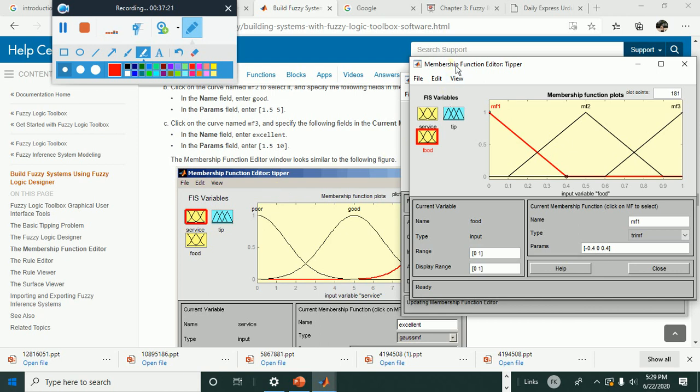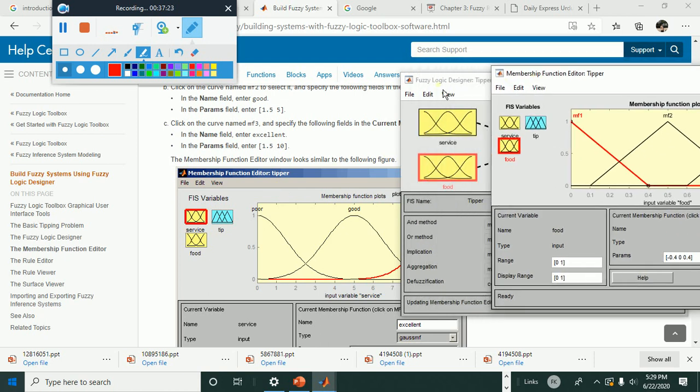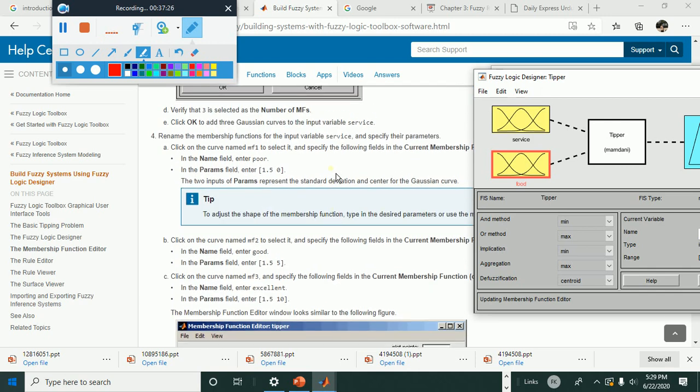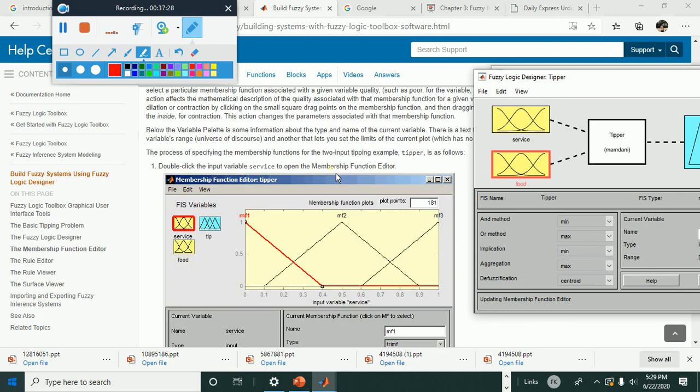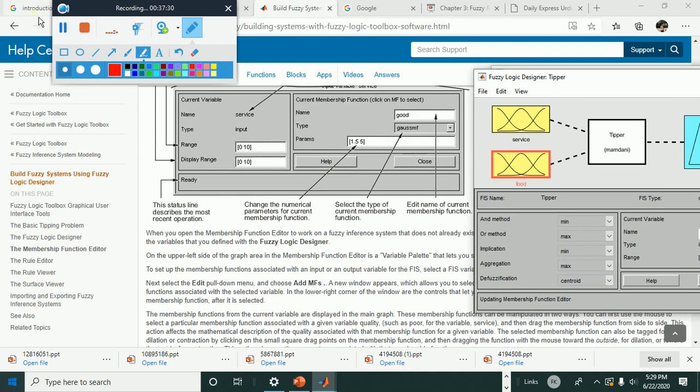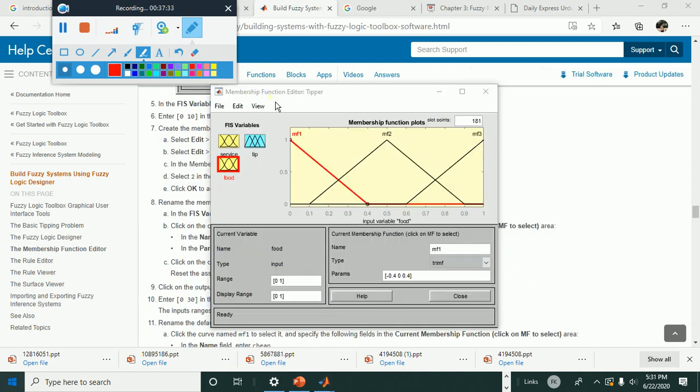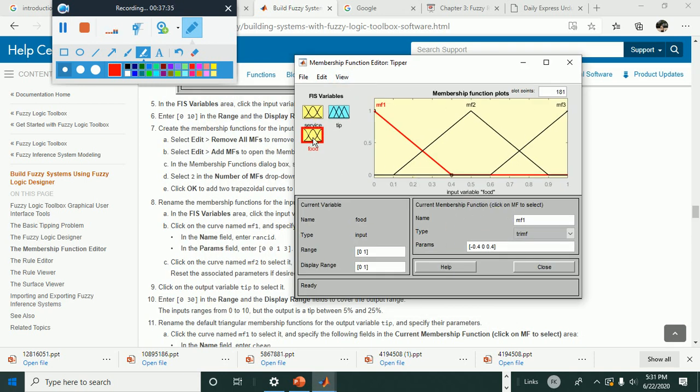That is for service, and for food we will use again two functions. mf1 we will use this Gaussian, and the function will be rancid.